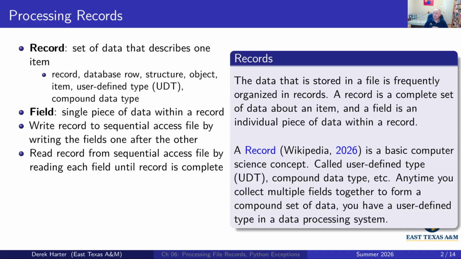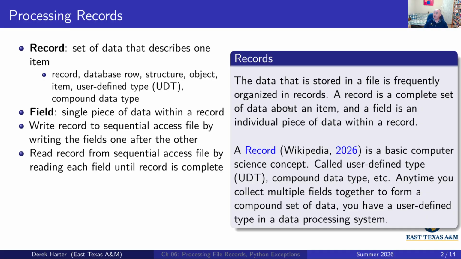So, if you've ever heard of a user-defined data type, a compound data type, a row in a database, a structure, an object, or a class, these are all kind of referring to the same idea. In computer science, it's really just a collection of related individual items that all are information about one particular thing.